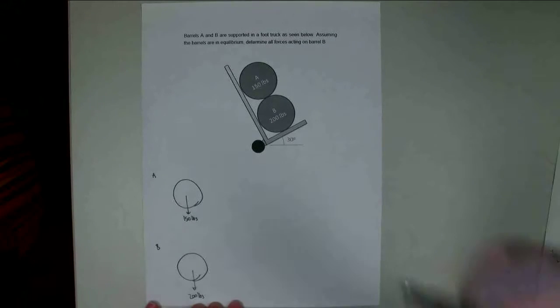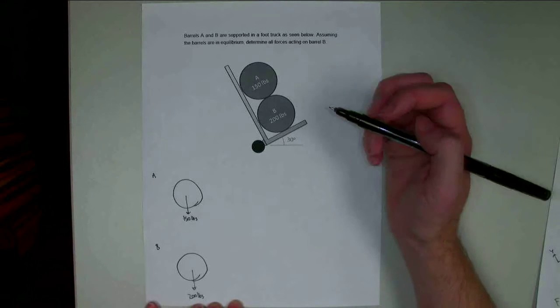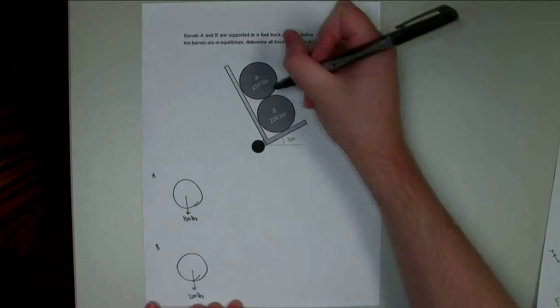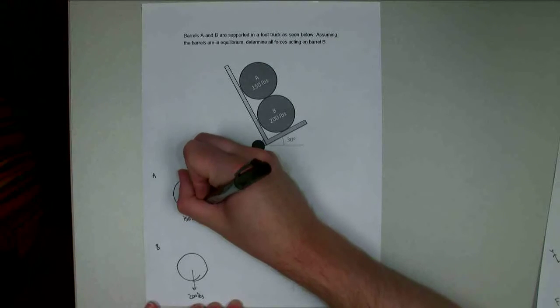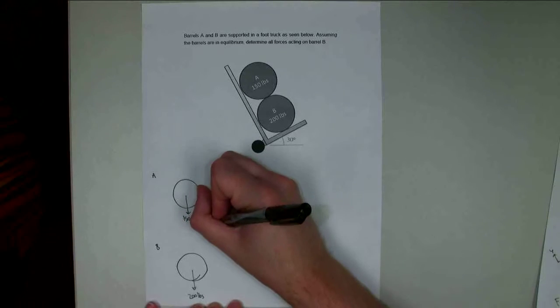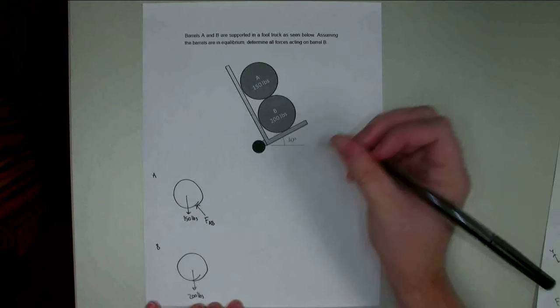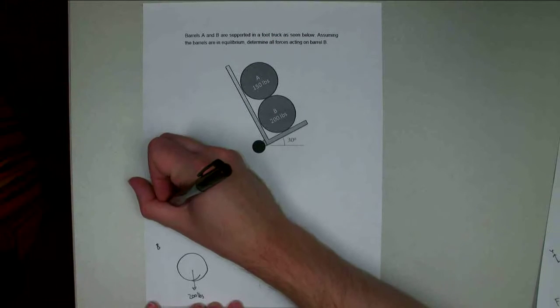Alright, and then we're also going to have normal forces wherever two bodies are in contact. I have a contact point between A and B right here, and so that's going to be supporting barrel A. I'm going to call this one FAB. And I'm going to have a contact between the wall and barrel A over here.